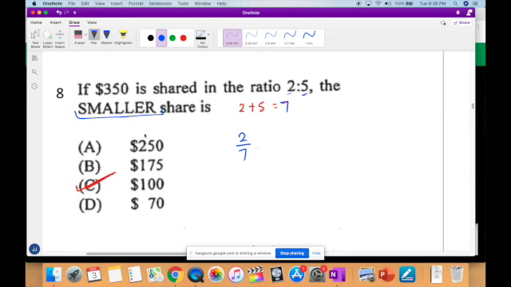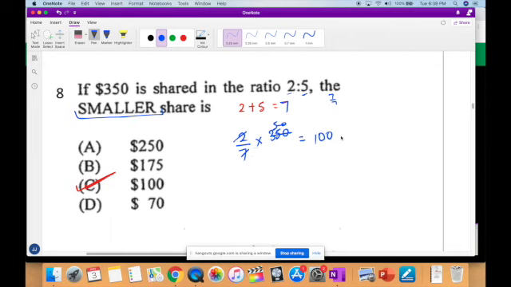So the smaller share is 2/7 of the total 350. Now 350 represents 7 over 7, 350 is the total. So you just do the maths. Now we have 2 by 50 is 100, and 100 is the answer. You understand it? Yeah.